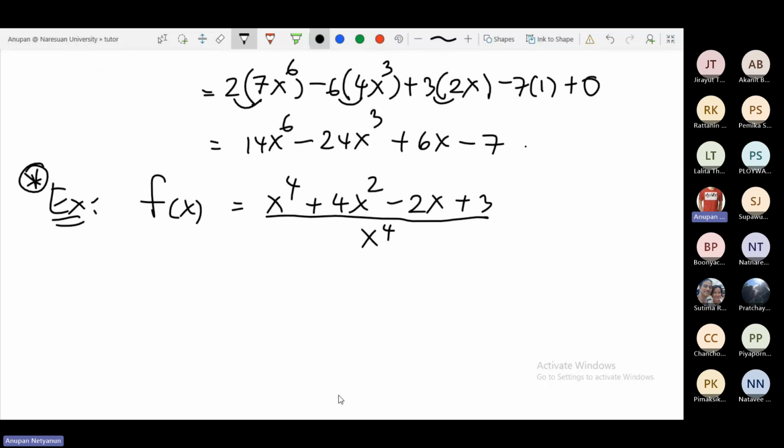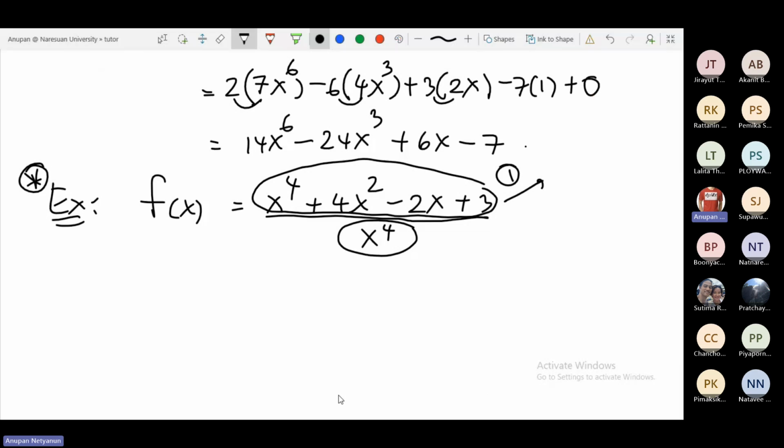But you can see that you can think of it in two ways. The first one, you can think as you have this guy divided by this guy. So you have top and bottom, right?